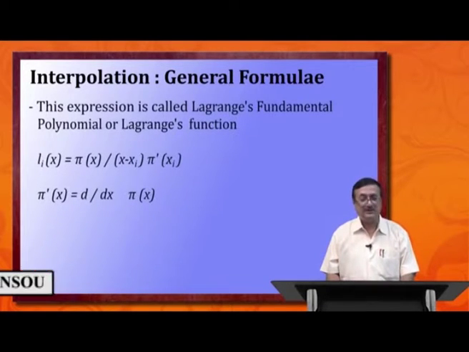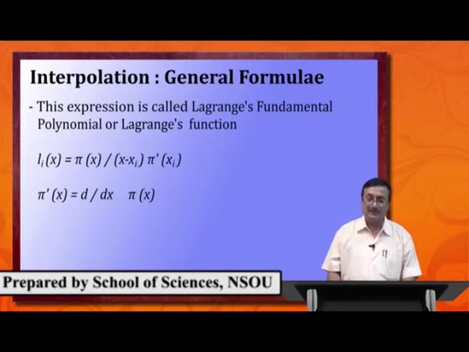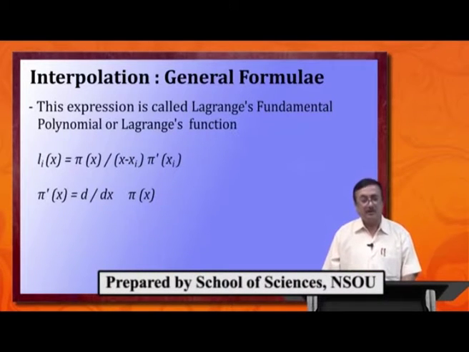This expression is called Lagrange's fundamental polynomial or Lagrange's function or Lagrange's basic polynomial. Dear students, please keep in mind that this is a very important polynomial which will be used in our future discussions and many other formulations including numerical integration, etc. So please keep it in your memory.